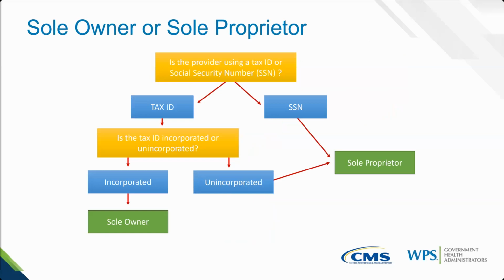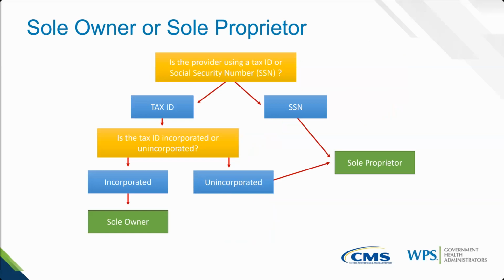If they tell you that they are utilizing a tax ID and it is incorporated, this is going to be someone that's going to be a sole owner. They have a tax ID that establishes a separate identity. They are a separate entity from the individual provider.